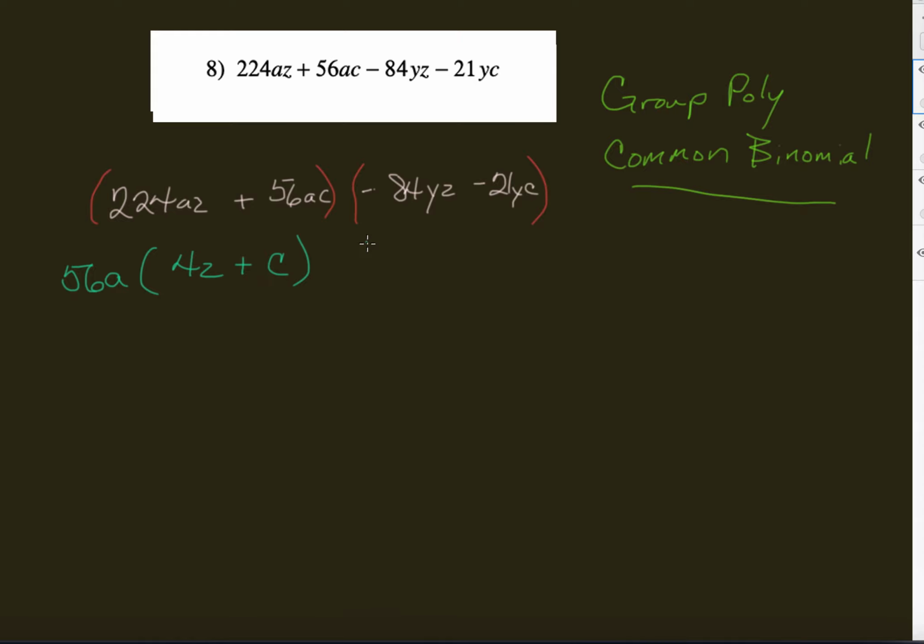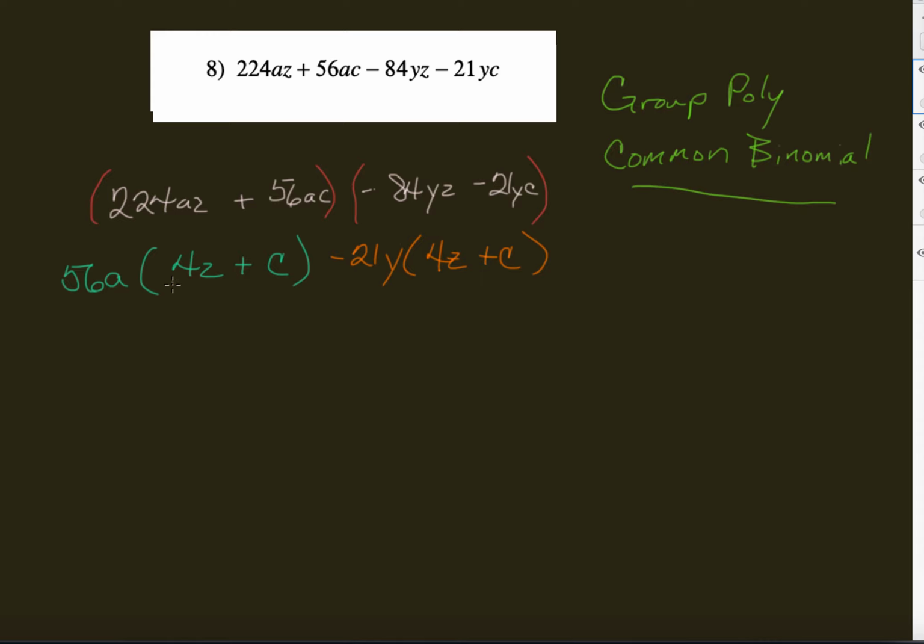I think we can do it. So 21, 84, they both have negative 21 in common. So pull out negative 21, divide. Oh, pardon me, I forgot my y. They both have a y in common. And so what we end up with is exactly what we were looking for, 4z plus c.